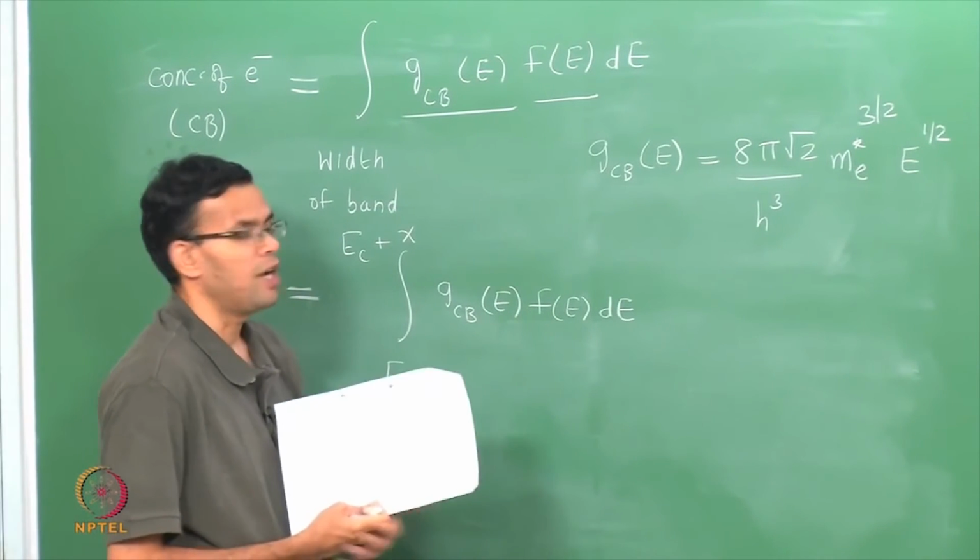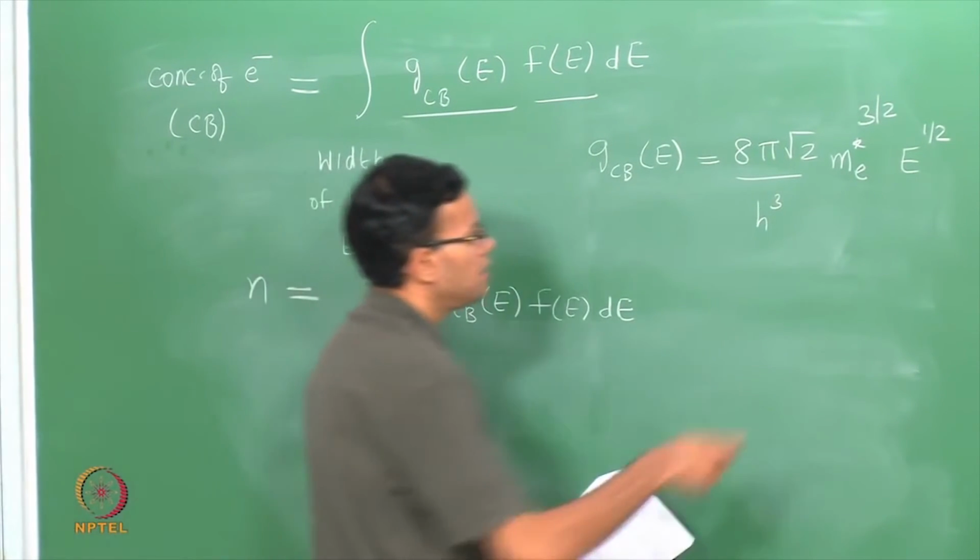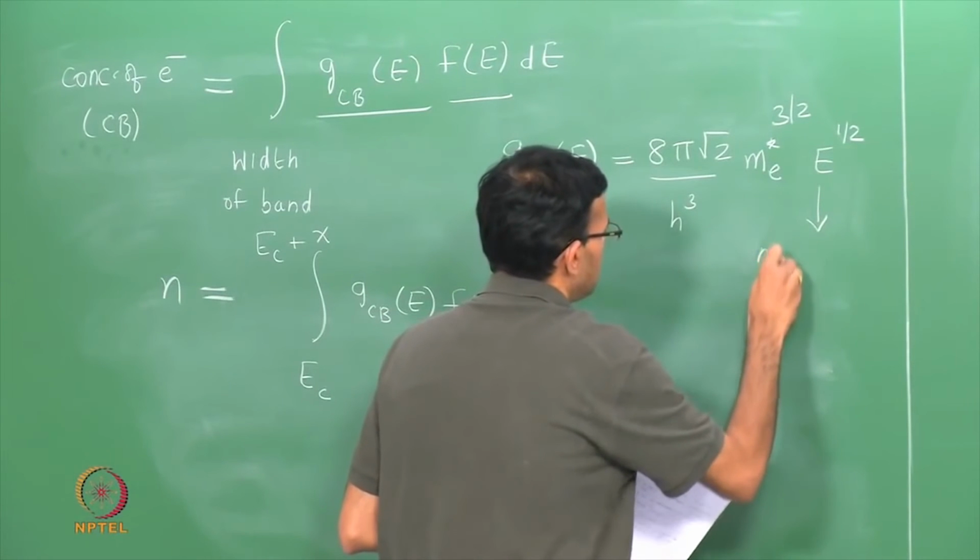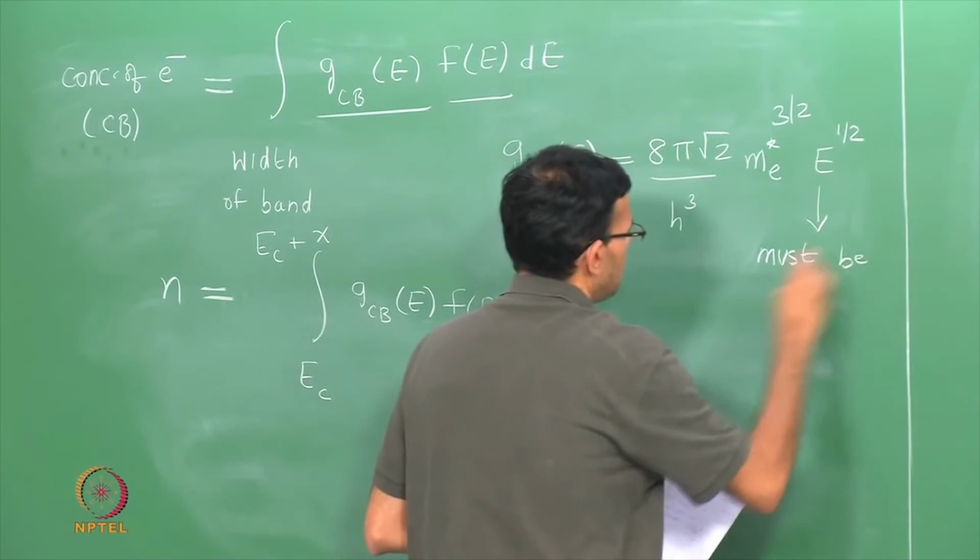Since we are looking at only the conduction band, E here must be written with respect to the bottom of the conduction band.